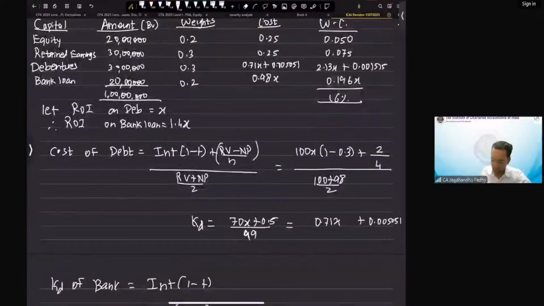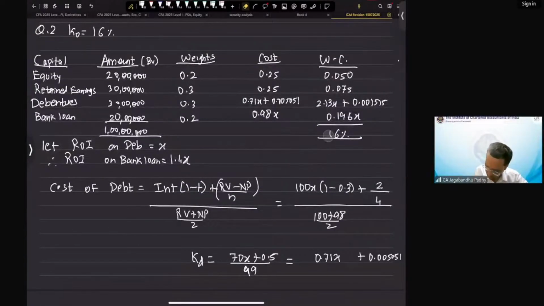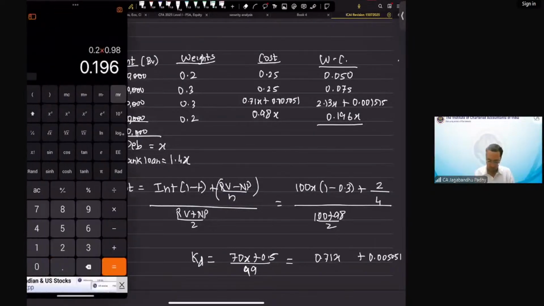Of course, the total of all of that is going to be equal to 16%.